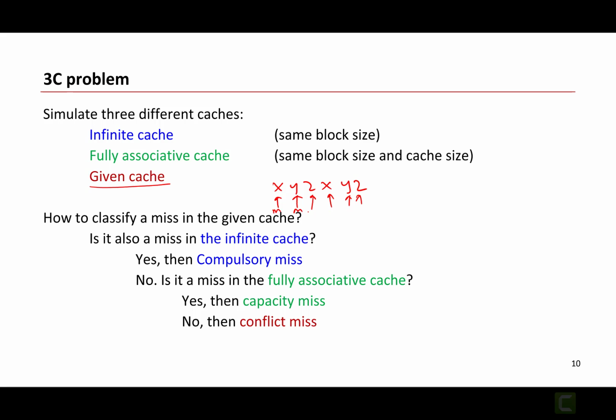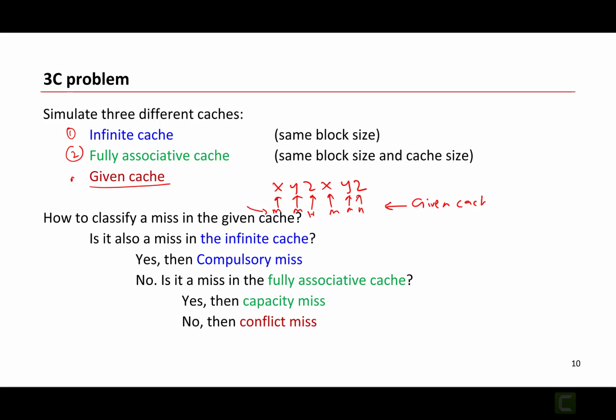What is the reason for those misses? To understand what type of misses you are incurring, you need to simulate not only the given cache to figure out what the hits and misses are, but you also need to simulate two more caches, an infinite cache and a fully associative cache. Let's see how to use those two caches to classify the misses that you observe in the given cache.